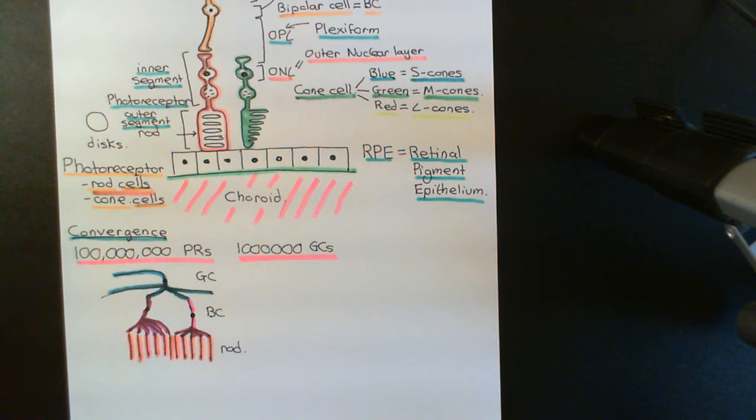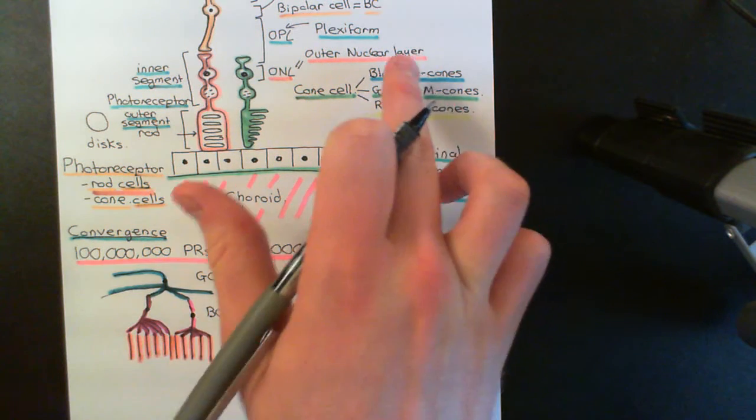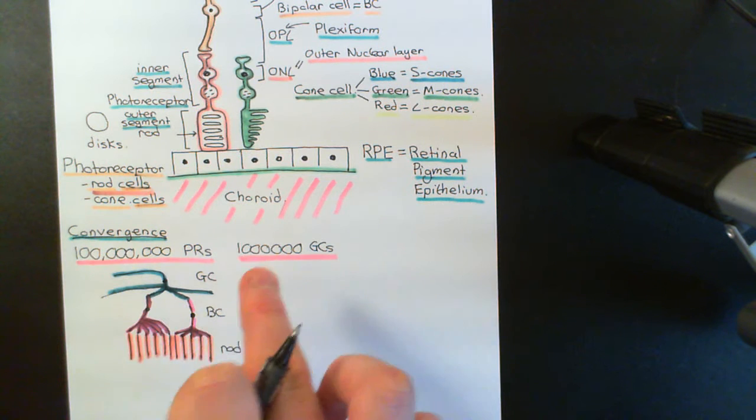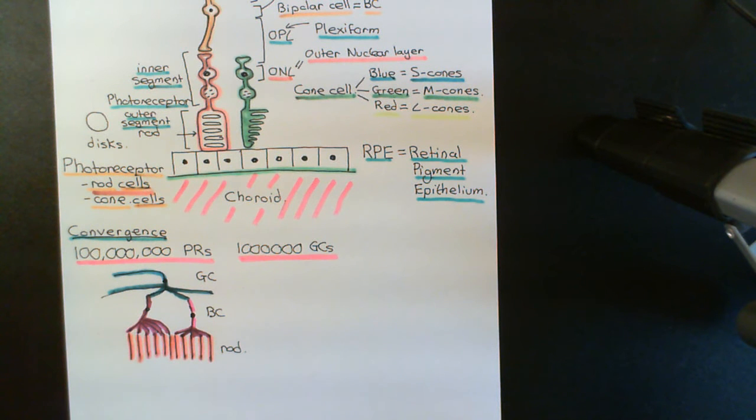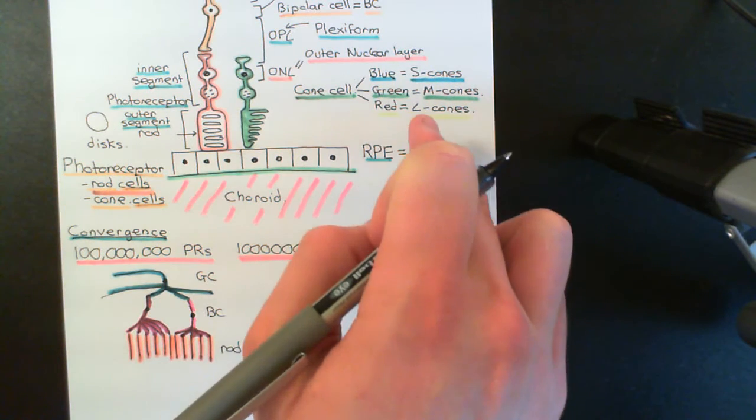In addition, you must understand that when we have convergence of cone cells, those will be cone cells that correspond to the same colour. So it wouldn't do at all to have cone cells of different colours, of different types, converging onto the same bipolar cell, because then we lose information about colour.